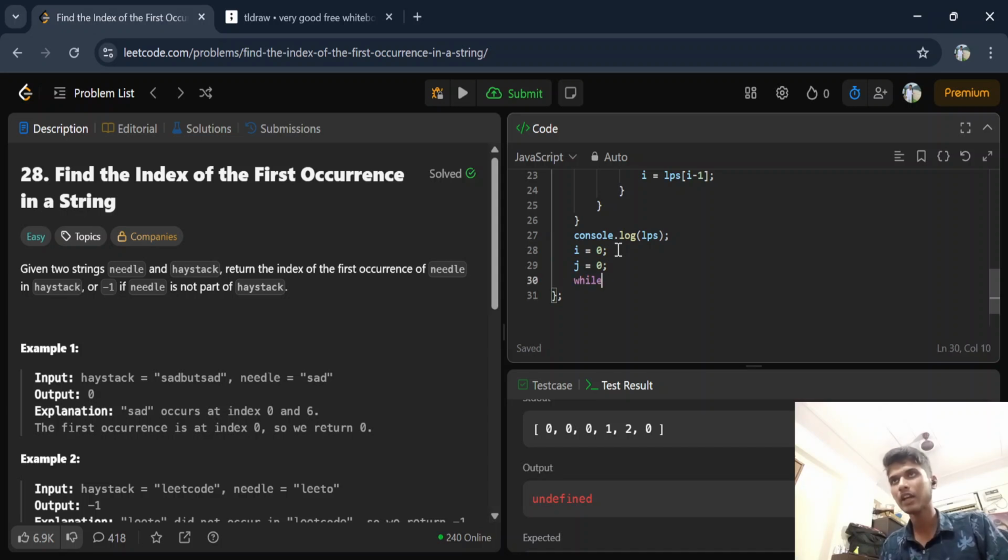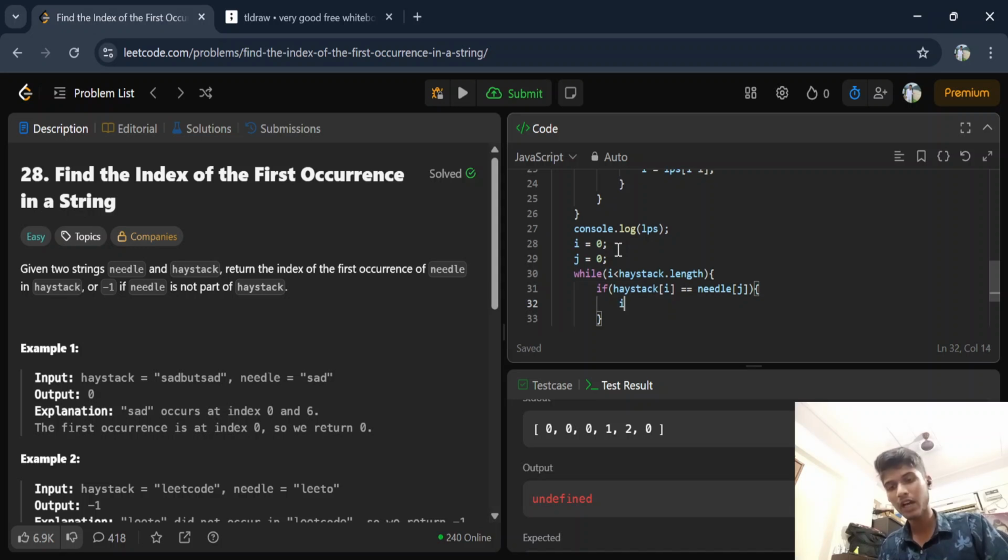And while i is less than haystack dot length, if haystack of i is equal to needle of j, then what will we do? We just do i plus plus and j plus plus.